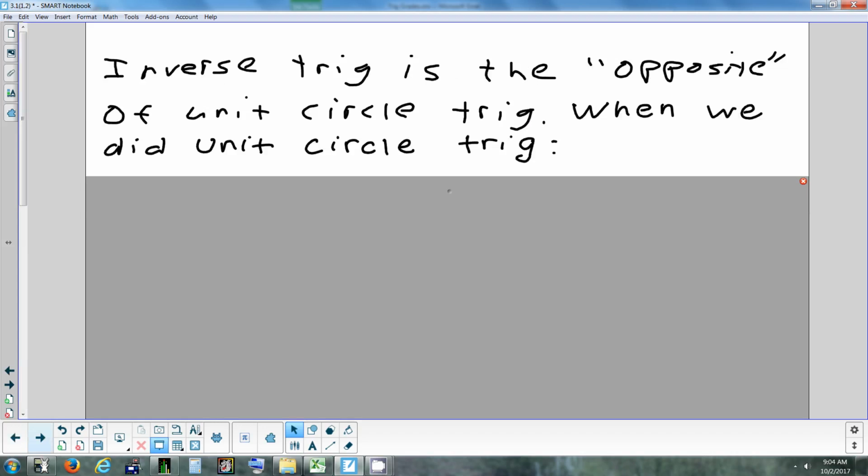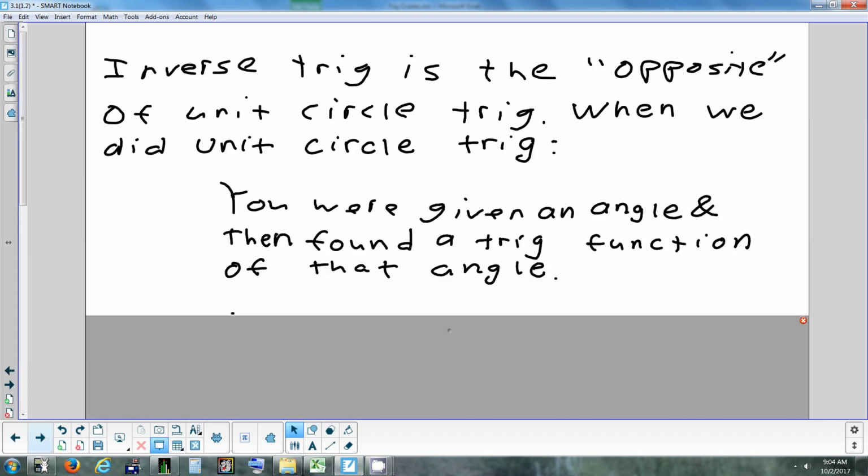All right, so just to compare it to what we did last week, I'm going to show you how the questions I asked last week on the test and how I ask this week are similar, but kind of flipped around. This is what you did last week. I gave you an angle, or a coordinate, and you found the trig function. So I might have said, what is the tangent of 45?